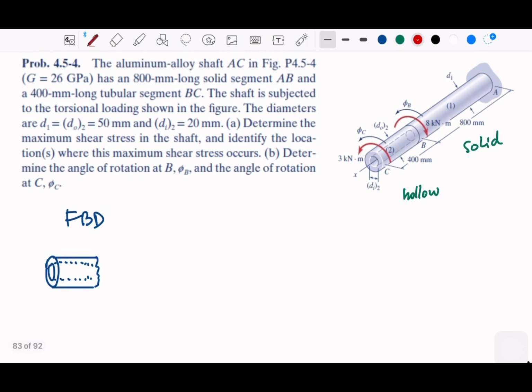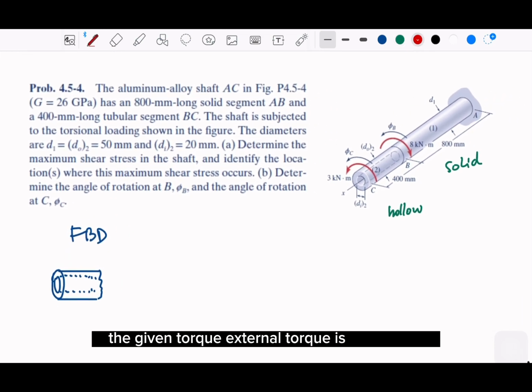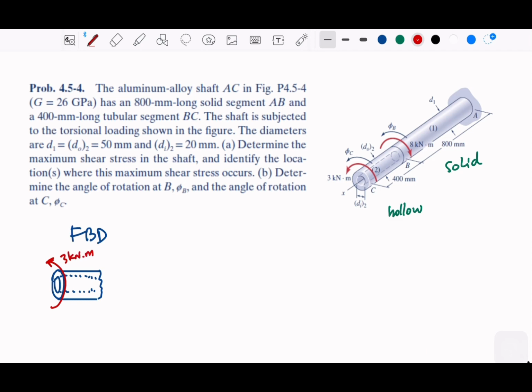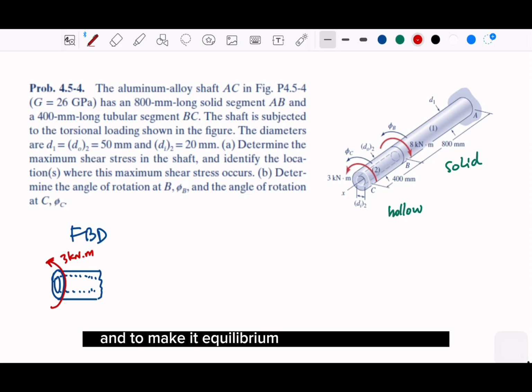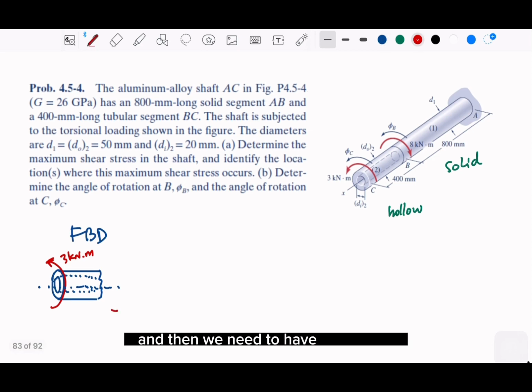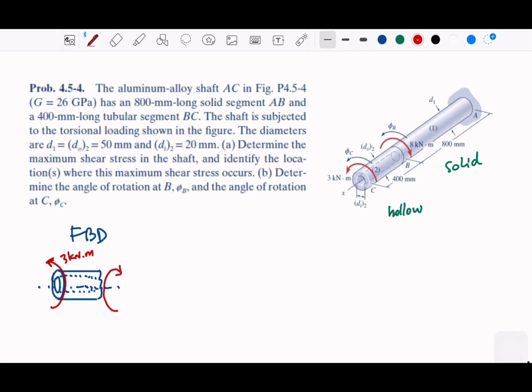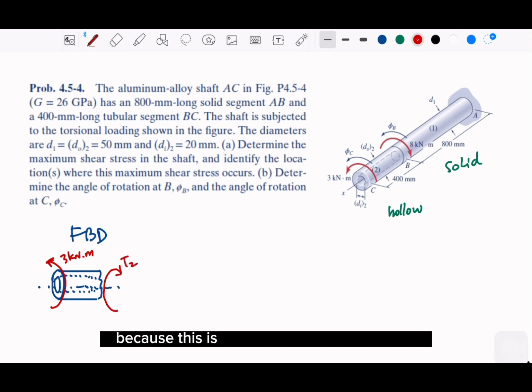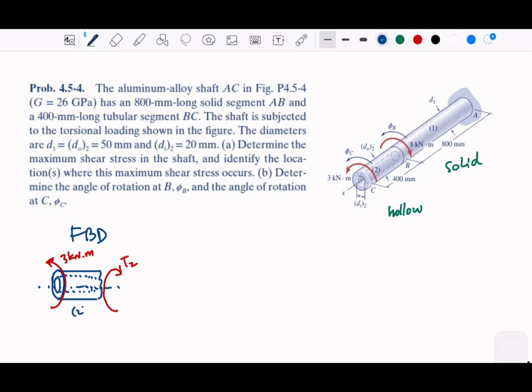So the given external torque is 3 kilonewton meter. Let's define here, that is 3 kilonewton meter. And to make it equilibrium, we need to have, we make this the center, and then we need to have that as our T2, because this is material 2.